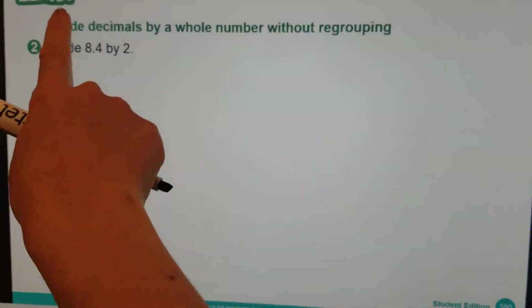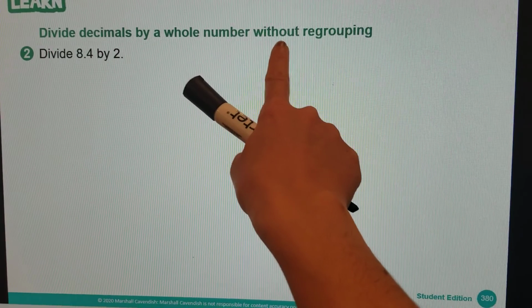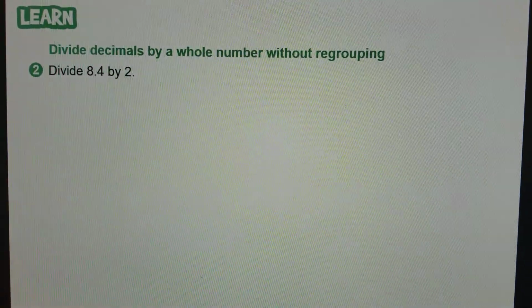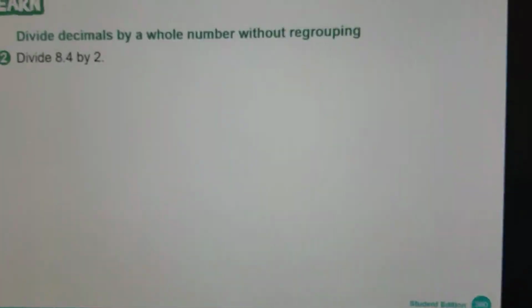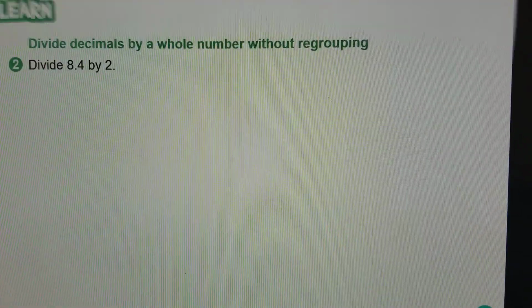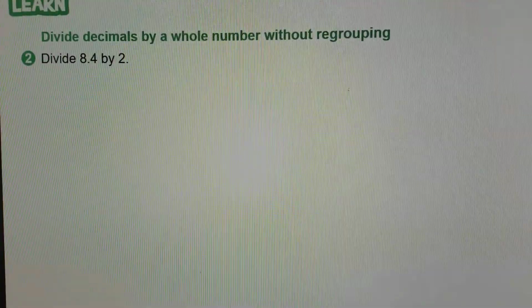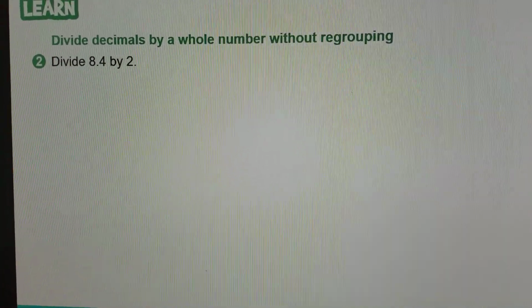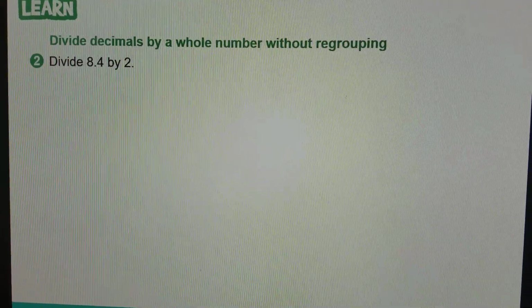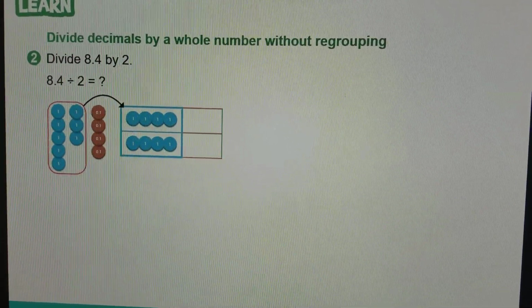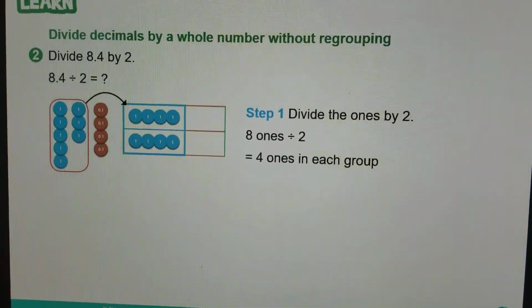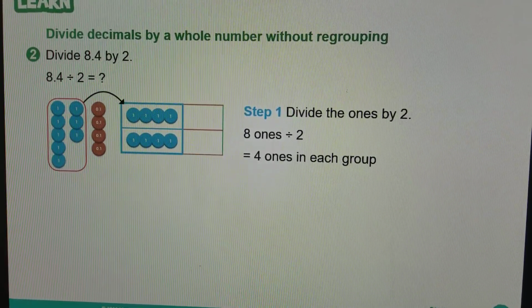You'll see here it says divide decimals by a whole number without regrouping. We're not regrouping. That means these will evenly divide without a problem. So 2, sorry, my camera has flashing issues. So 2 into 8.4 is 4.2, right? I just said that in my head. I know a lot of you can also. But it's going to show you 8 wholes divided by 2 is 4 wholes. 4 tenths divided by 2 is 2 tenths.